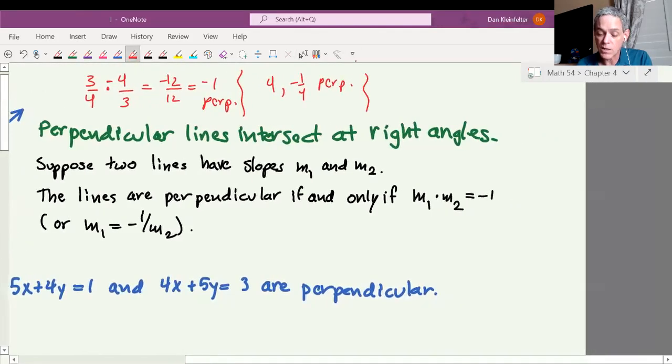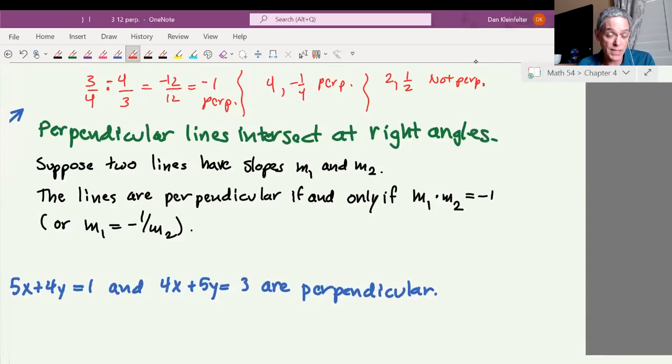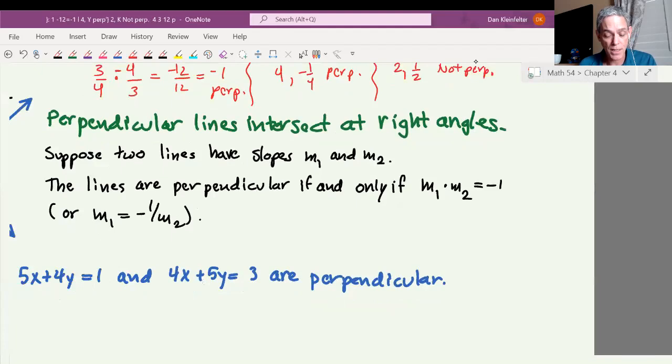If you had one with a slope of 2 and one with a slope of 1/2, not perpendicular. In addition to being reciprocals, they have to also be opposite in sign, which makes sense if you think about it. If two lines are going to be perpendicular, one's got to go up, one's got to go down. So one has to be negatively sloped and one has to be positively sloped.